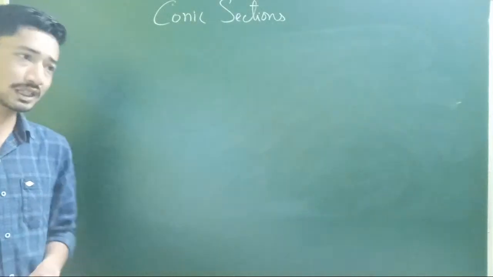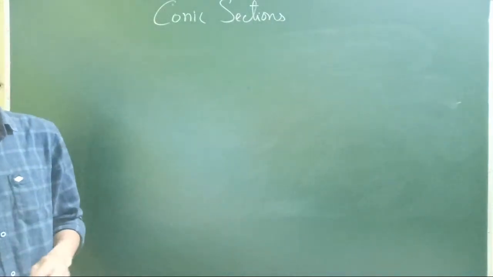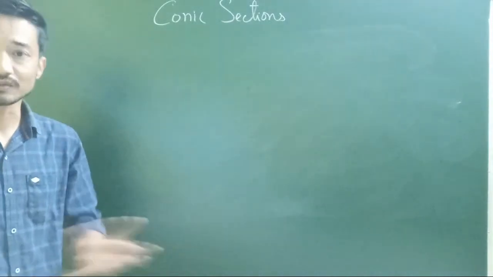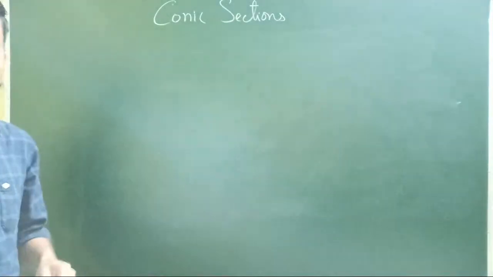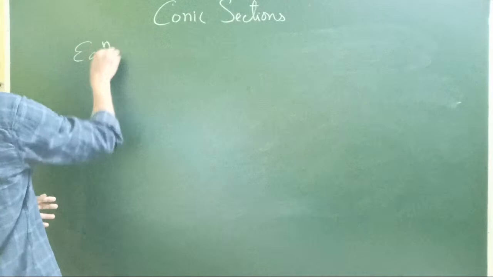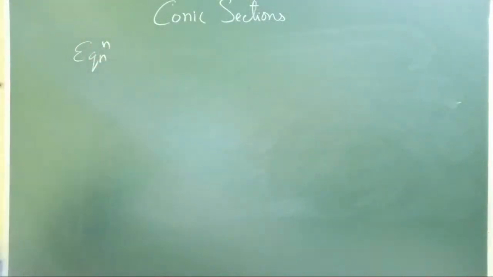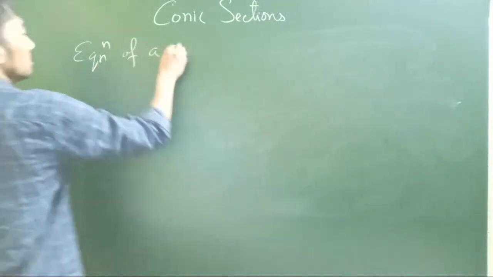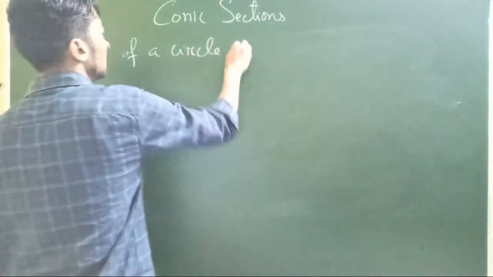Alright, so now for circles, let's start with the standard equation of a circle. How do we represent a circle in the mathematical form, not in terms of a diagram, but in the mathematical form. So you can get ready: equation of a circle in standard form.